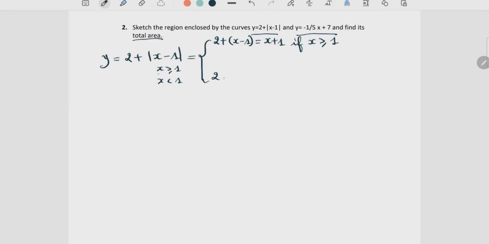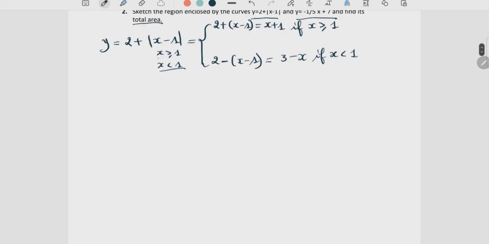In the case where x is less than 1, then this would be a negative value, meaning that to find the absolute value of that, you'll just have to take the negative. And that will just end up being 3 minus x. And that is if x is less than 1.